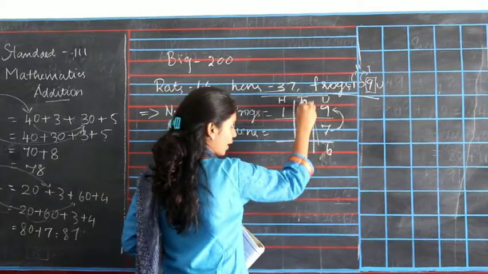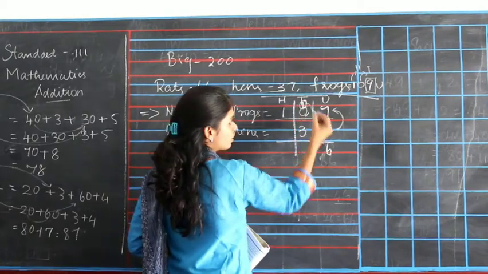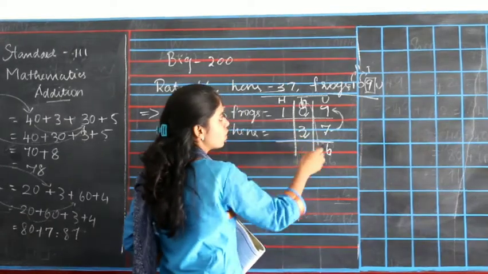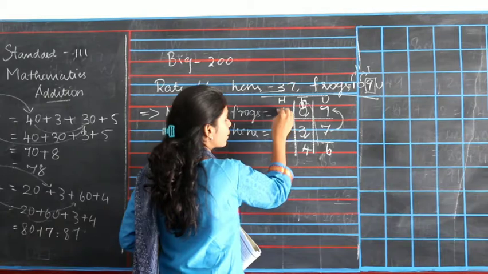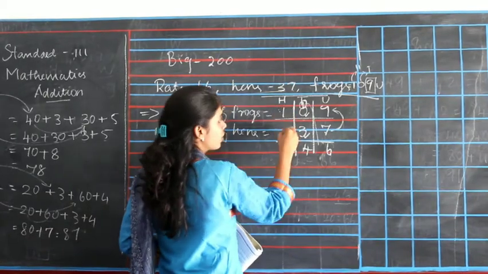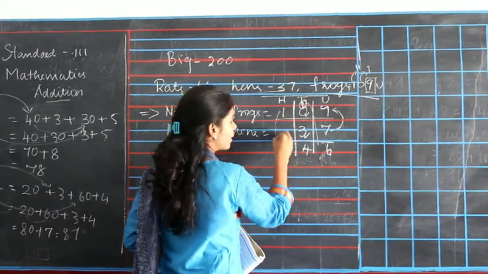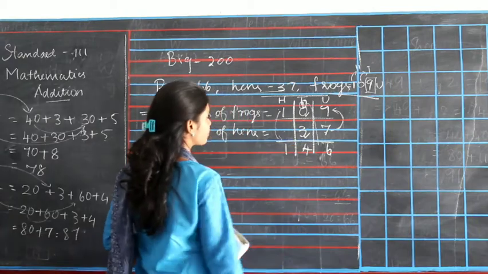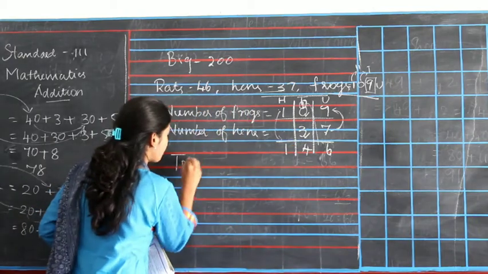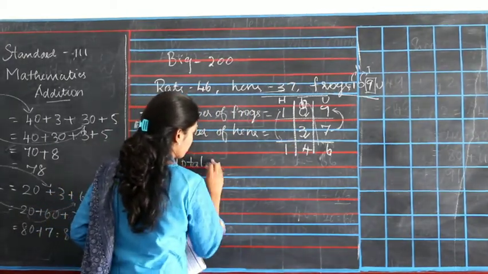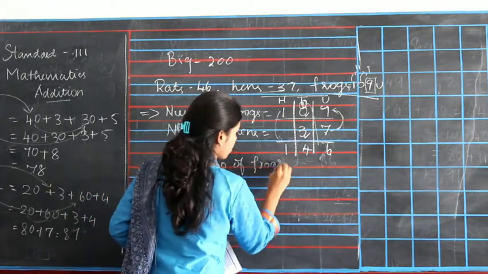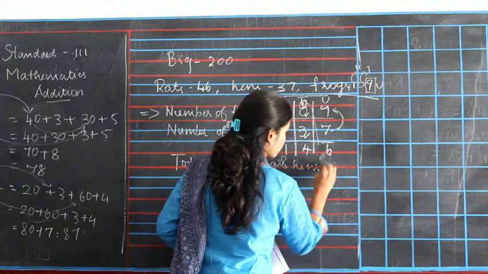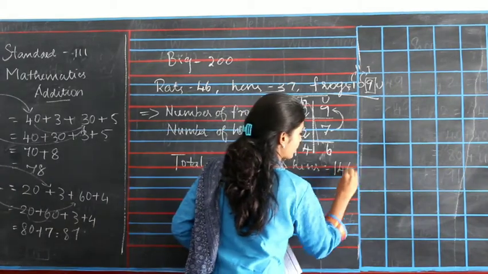So we have 1 ten here, 0 tens here, and 3 tens here. So 1 plus 3 will be 4, and here we have 100, and there is no 100 in the other number. So it will be 100. So the total number of frogs and hens will be 146.